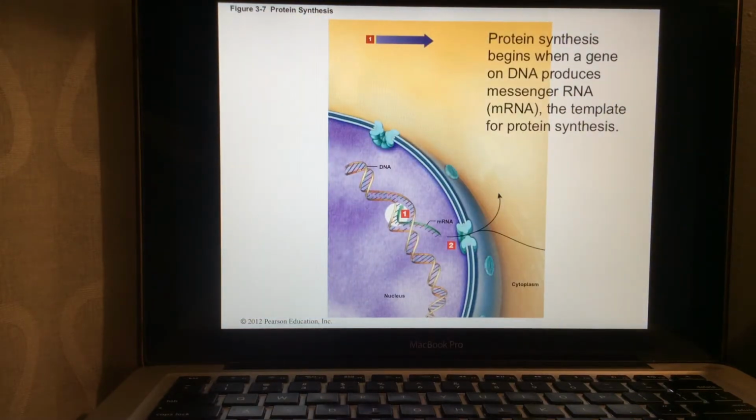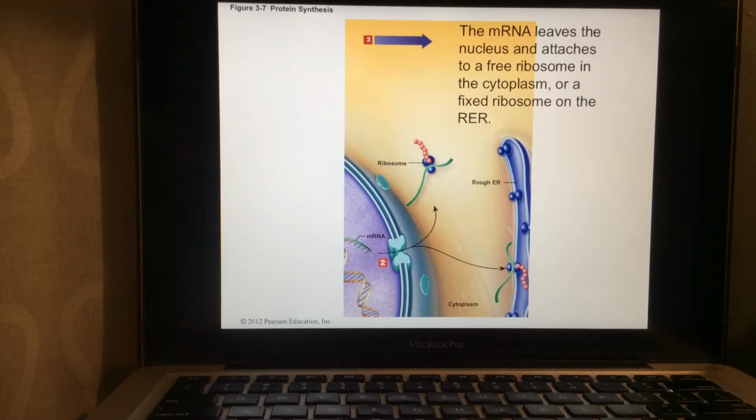Okay, so protein synthesis begins when a gene on the DNA produces messenger RNA, the template for protein synthesis. So you can see that the DNA will open up and send this message out. All right. The messenger RNA can leave the nucleus and attach to a free ribosome in the cytoplasm or a fixed ribosome in the rough ER.